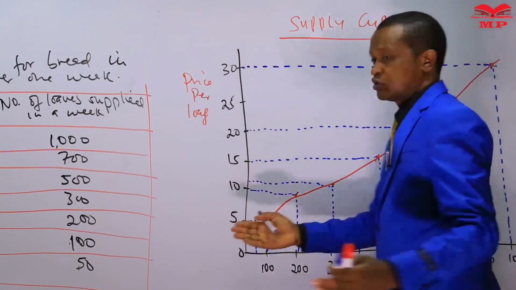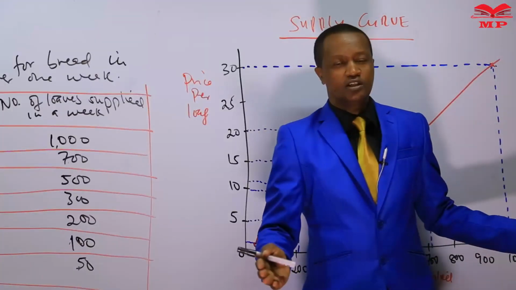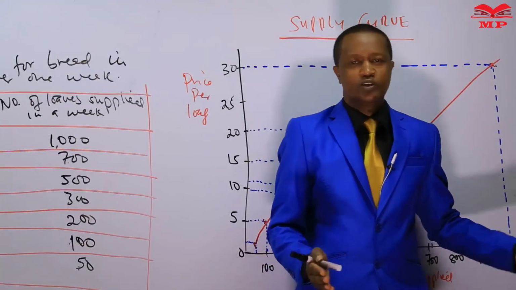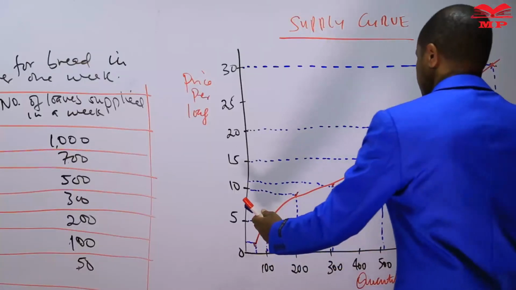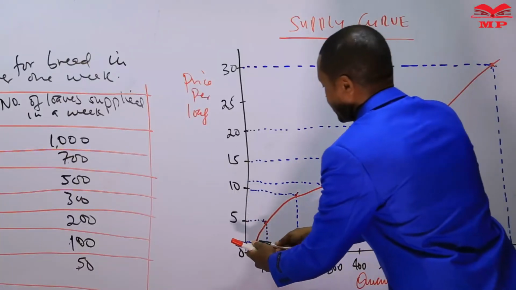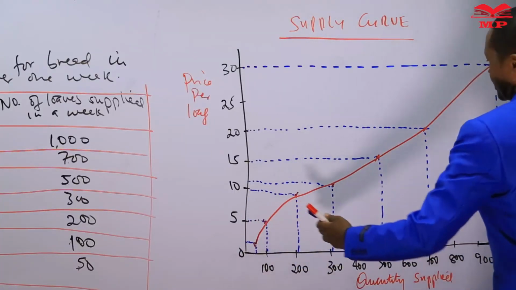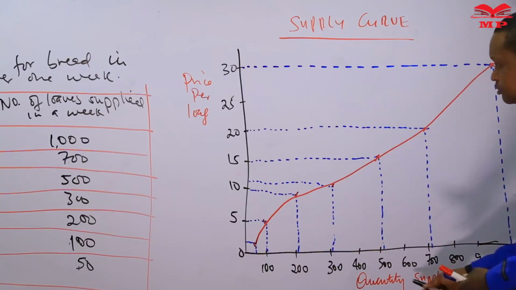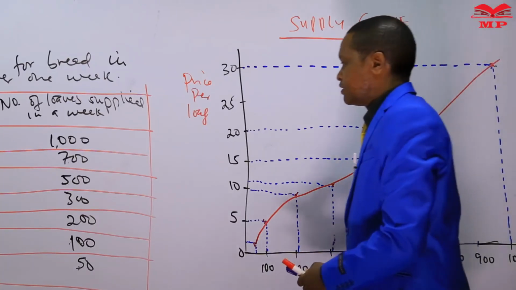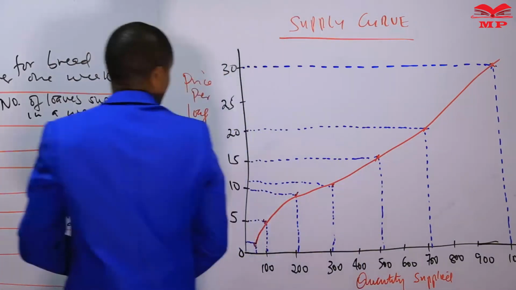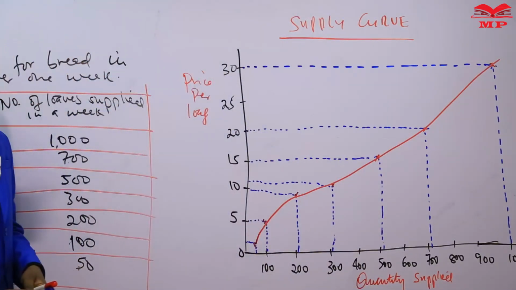It's just a simple line graph, and that is the supply curve.